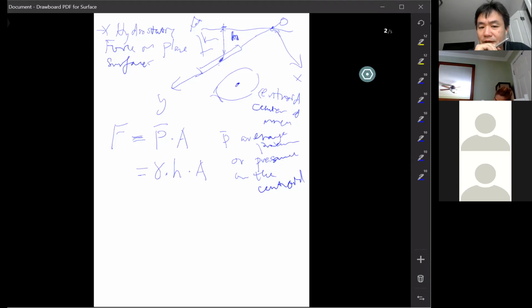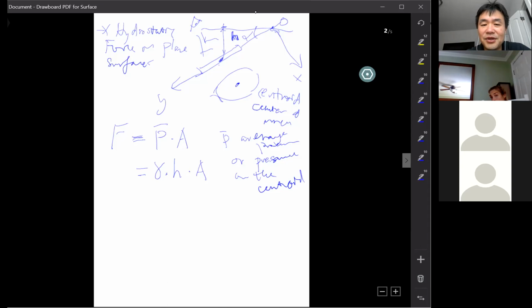So there's some trigonometry there, right? In a practical problem, you probably need to identify the H. Maybe they give you an angle theta here, or let's say I have angle alpha. This is the plate.